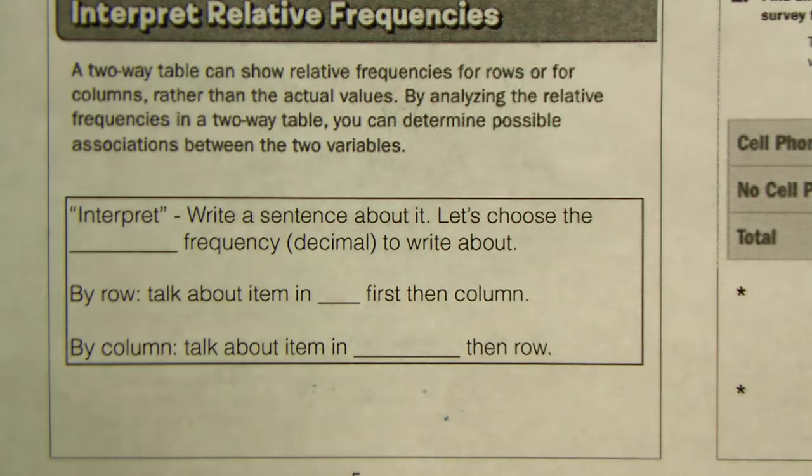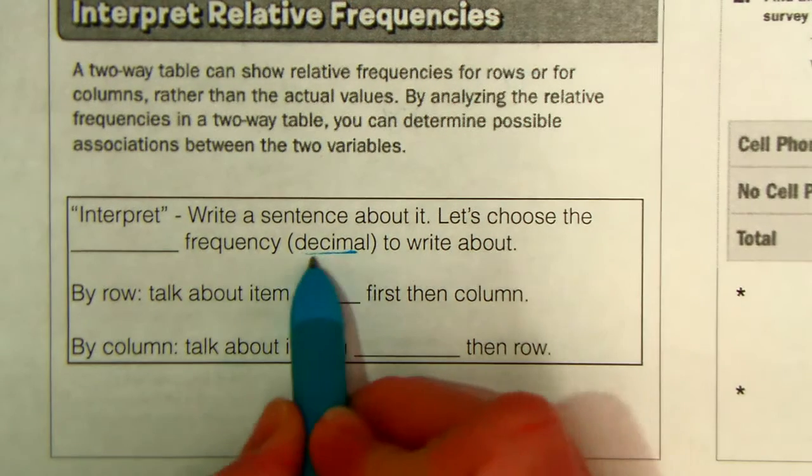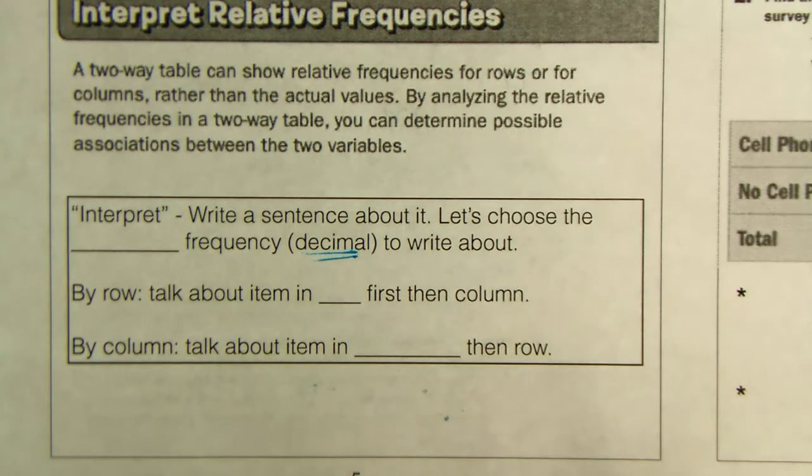We are going to use it with a decimal form. Okay, we're going to leave it in a decimal form, but understand that 2 decimal places is really a percentage, right? Let's choose the relative frequency decimal to write about.